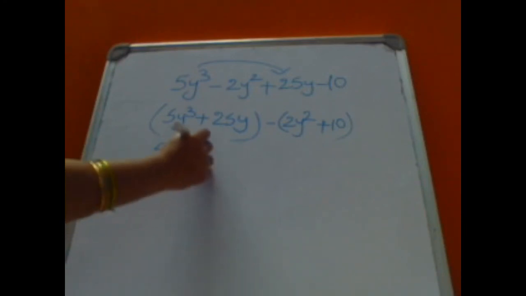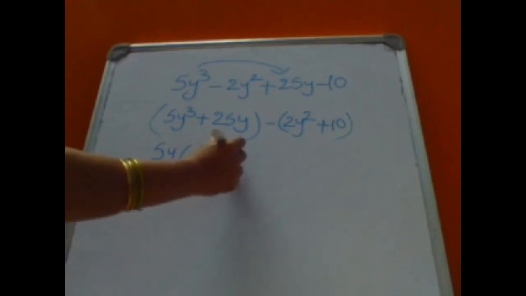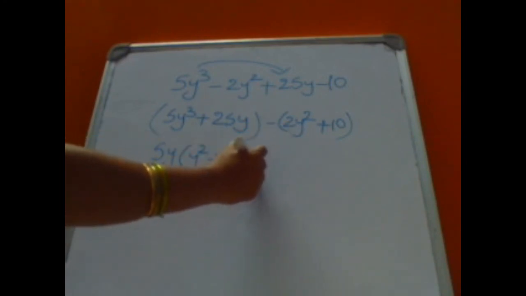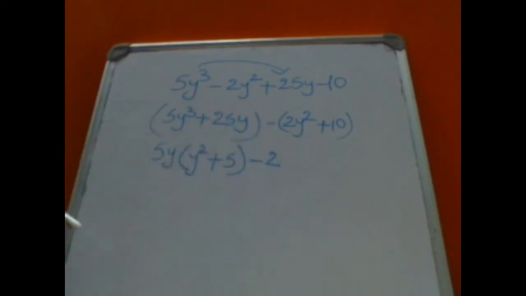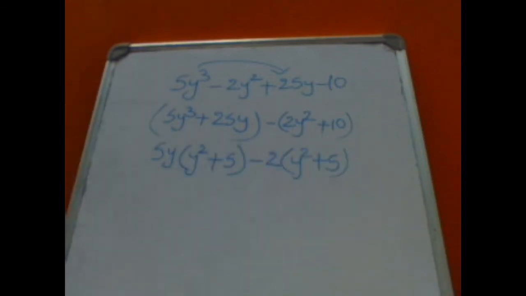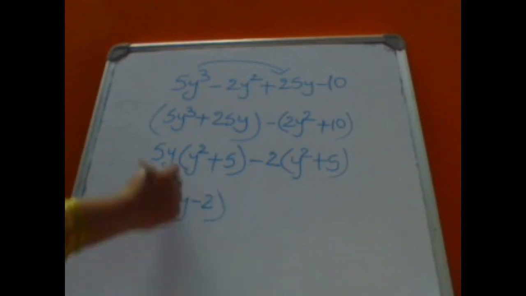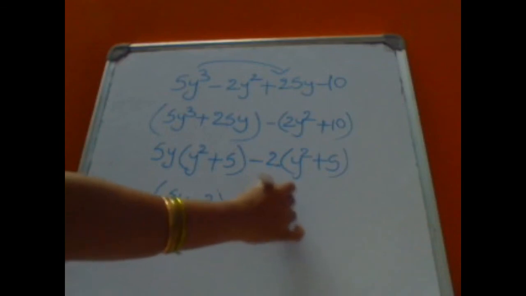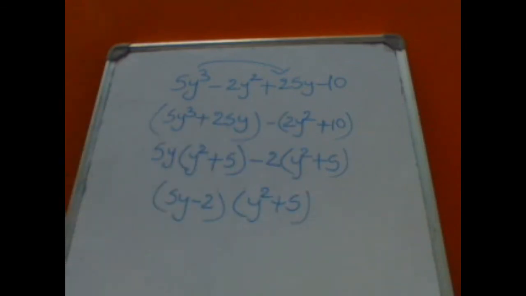Then you will be left with y square plus 5. Again here you can take 2 as common, so you will be left with y square plus 5. So the final factors will be 5y minus 2 and y square plus 5. Because y square plus 5 is common, we take it only once. So 5y minus 2 and y square plus 5 are the factors. When we are grouping, you can group in any way so that you will be able to take the common factor.